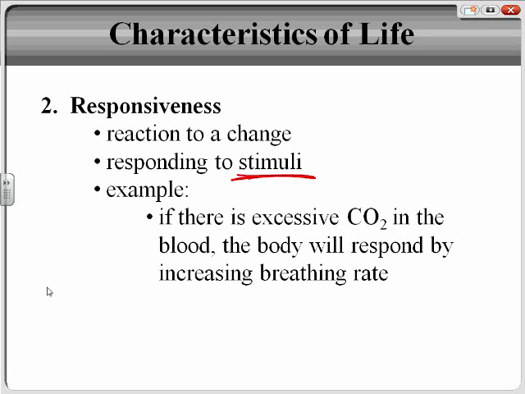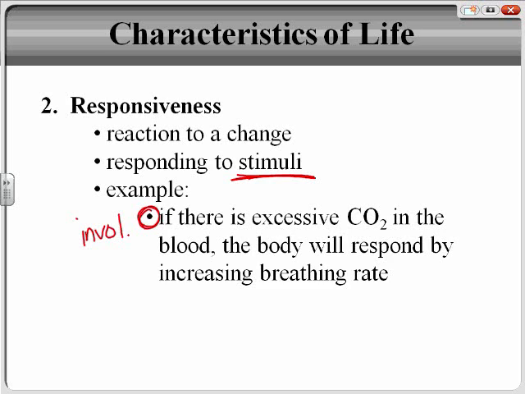In addition to actually having that conscious responsiveness, there's unconscious responsiveness or involuntary. So right here, we have an example of an involuntary response. If you have a lot of carbon dioxide in your blood, so you're working out really, really hard, your body is producing plenty of carbon dioxide as it's using its energy in cellular respiration, right?